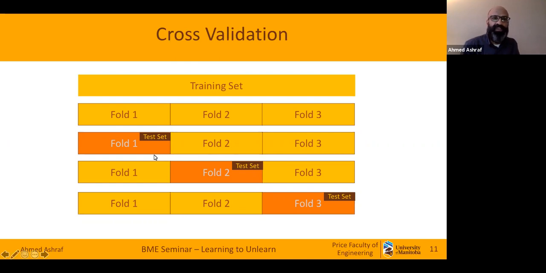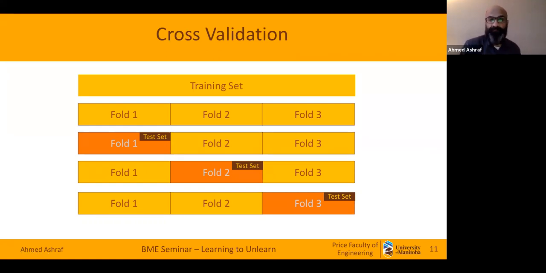For instance, in the first case, you will just leave fold 1 out, and usually this is how it is referred to, leave one fold out. And you use the rest of the 2 folds or partitions to train your model on, and then test it on fold 1.